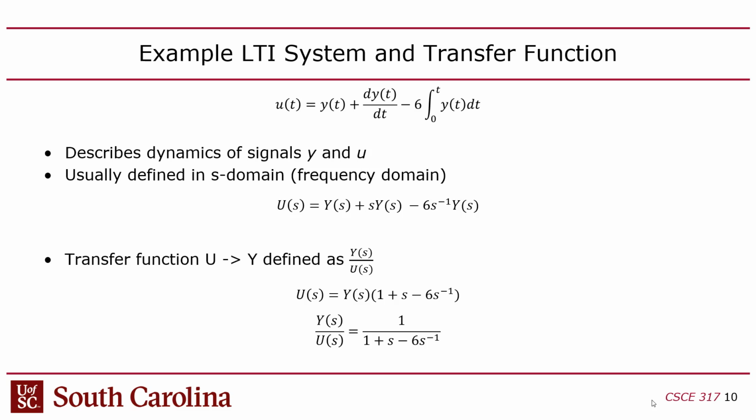You factor out Y, and once you factor out Y, you divide both sides of the equation by U because you want Y in the numerator and U in the denominator. And then divide both sides of the equation by this term, which is 1 plus S minus 6S to the negative first power. Make sense?